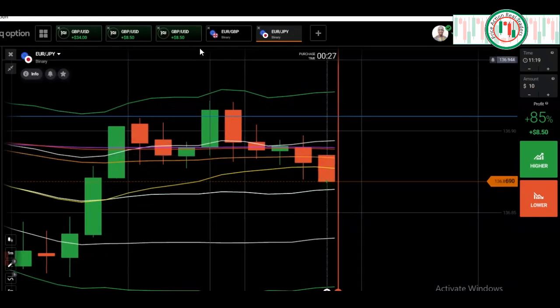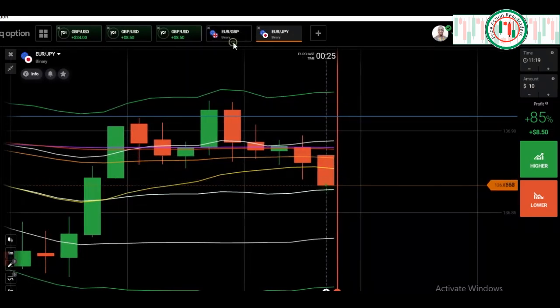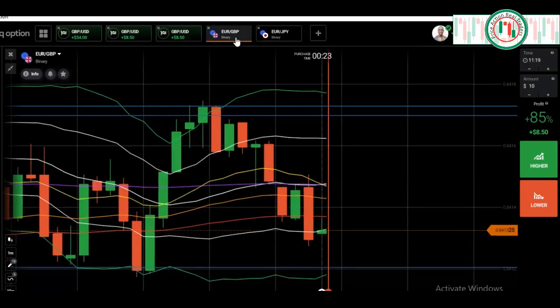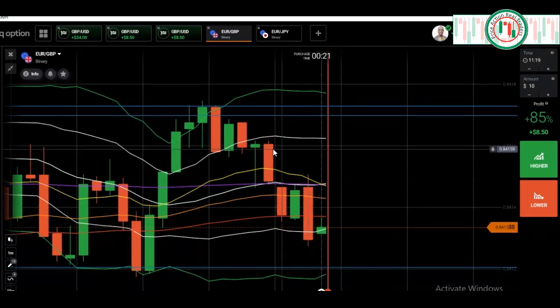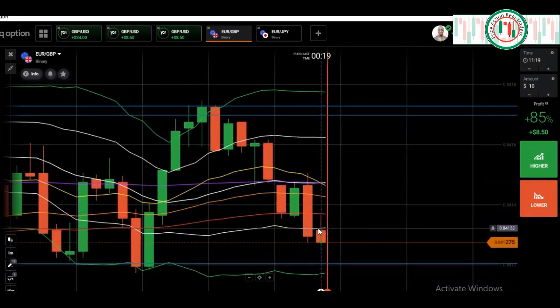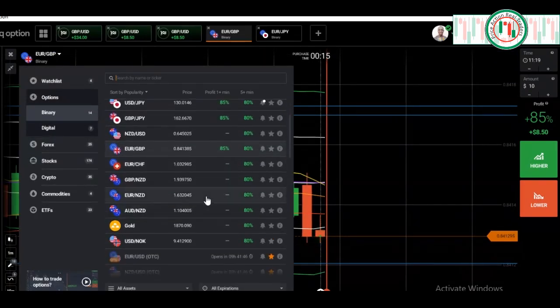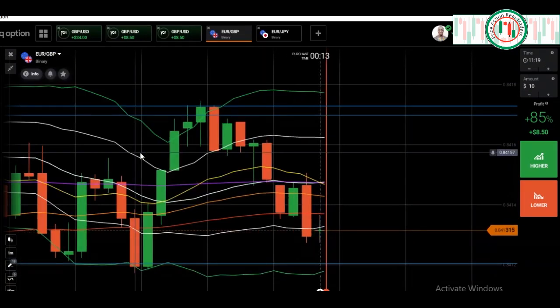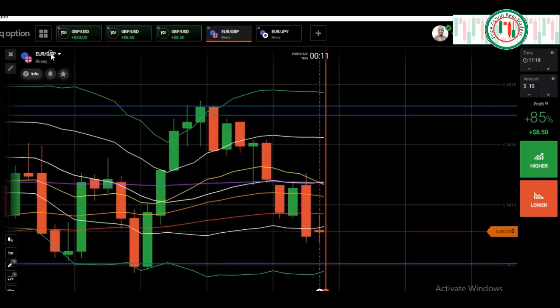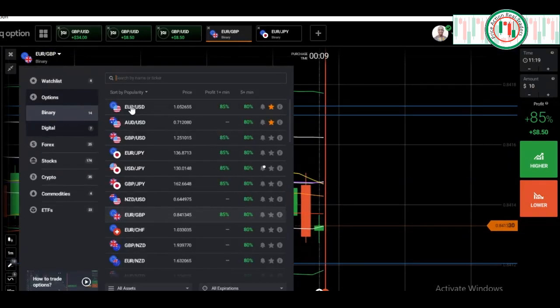And gap up, I will wait. Let me see this one. You see gap up. Market is bad.